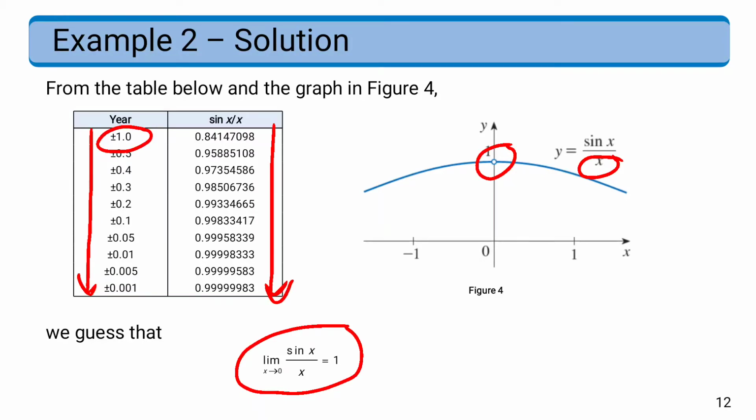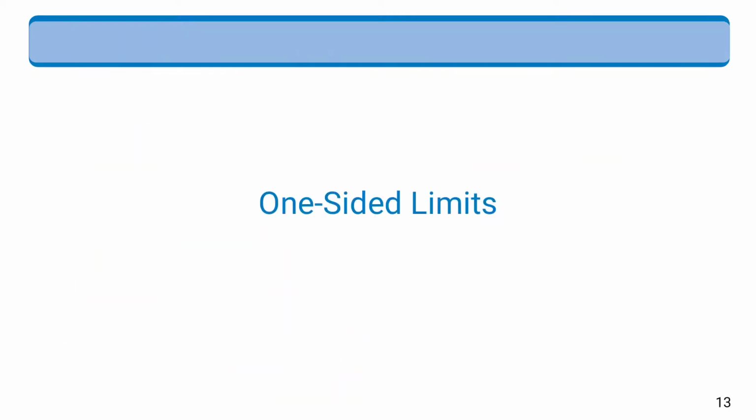So what you learned today is to use a table to guess the limit by looking at the values of x as you approach some point, let's say a, from the left and also from the right.